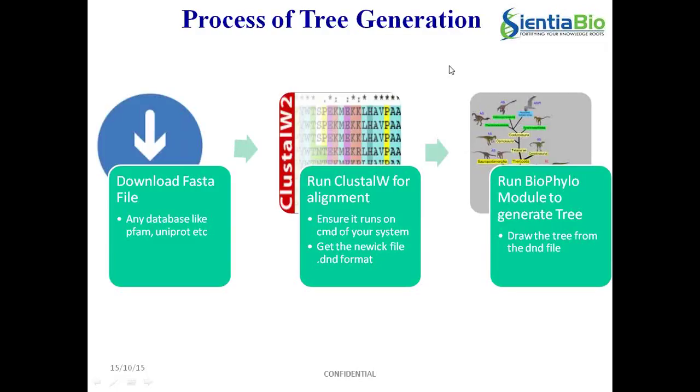So, having created our base of what we have understood about phylogenetics and the Biopython module Bio.Phylo, we will now see some practical implementations of it. The very first thing which we are going to see is how we can generate a tree from a set of sequences in a FASTA file.